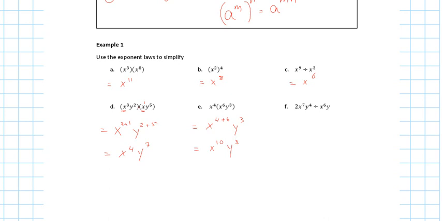No, because this is all multiplication. This is the same thing as writing this. There's no plus here. If there was a plus here, then yes, what you were saying. But there's no plus, it's all multiplication.